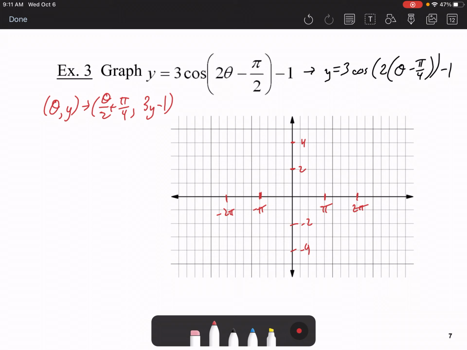Okay. So now I draw cosine. Original drawing of cosine first. And use those points to figure out my new locations for my new function.